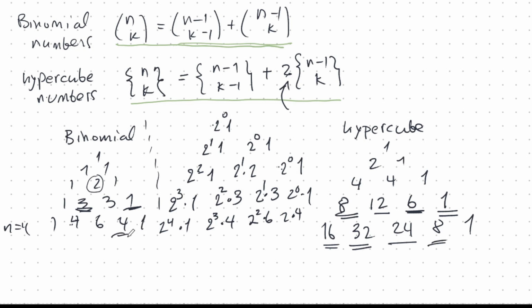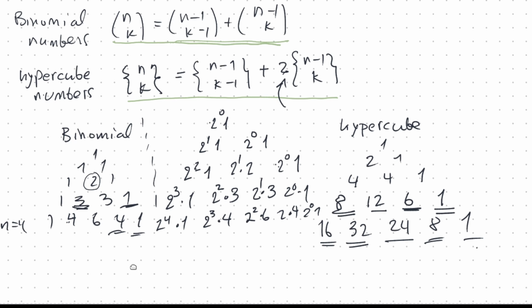Finally, 2 power 0 times 1 is 1. Yes, we have it. Oh, very good.